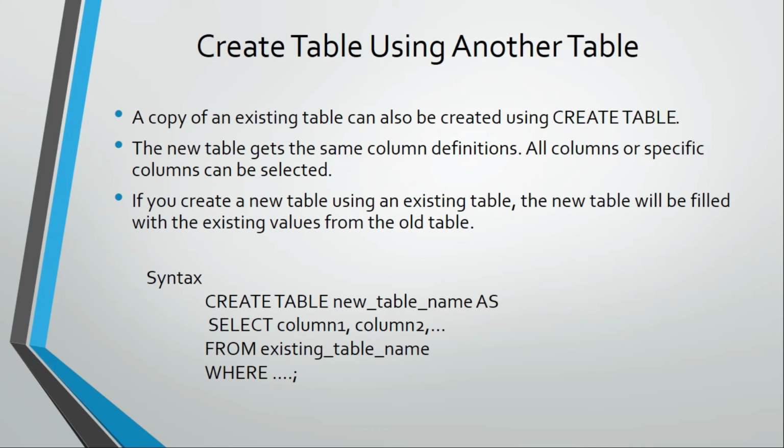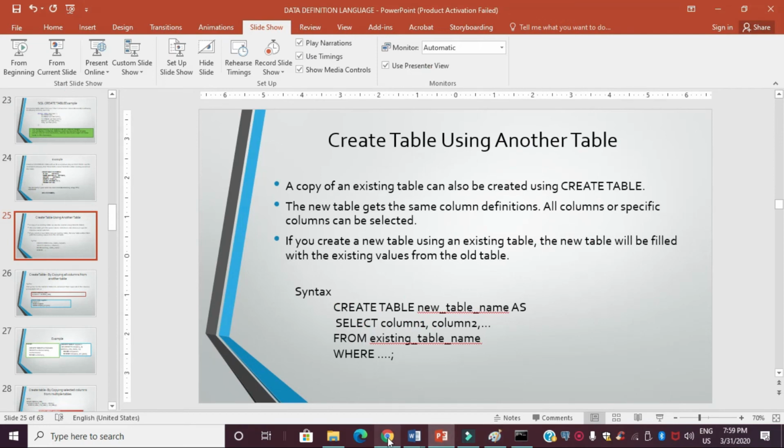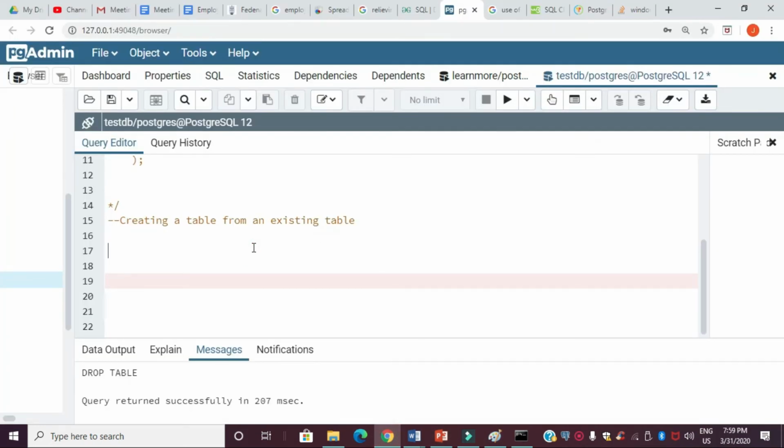Okay, now let's check how to create a table from an existing table. I'm going to create a new table from an existing table. We have an existing table called persons. So I'm going to create a new table, say basic info, from the persons table. The command is create table, then the new table name, basic info.